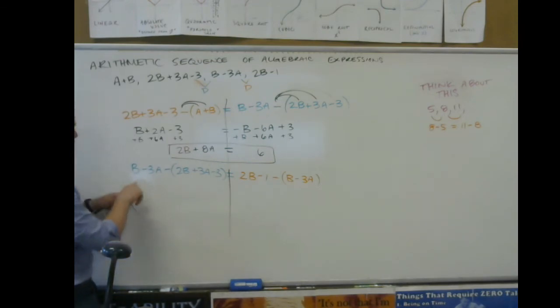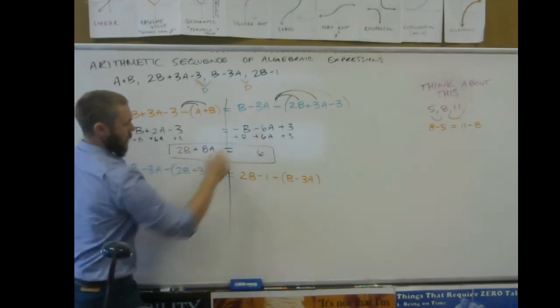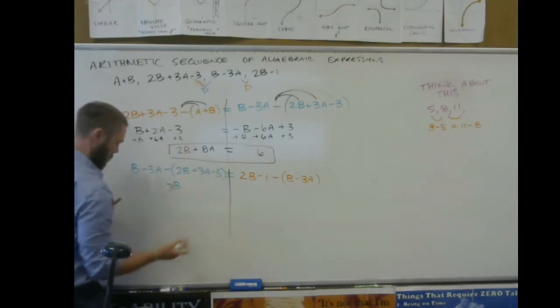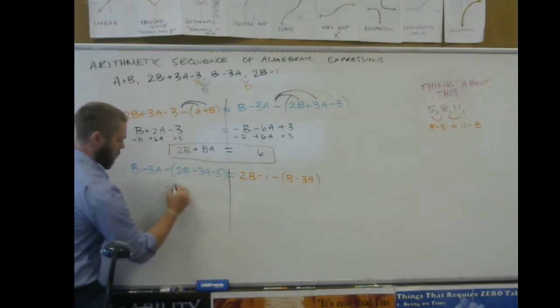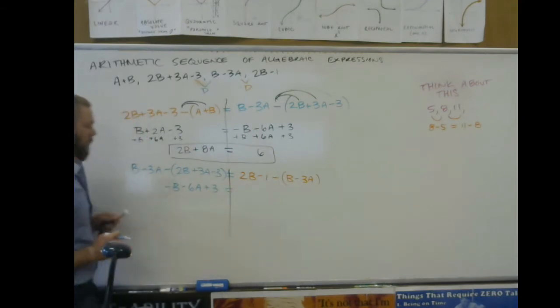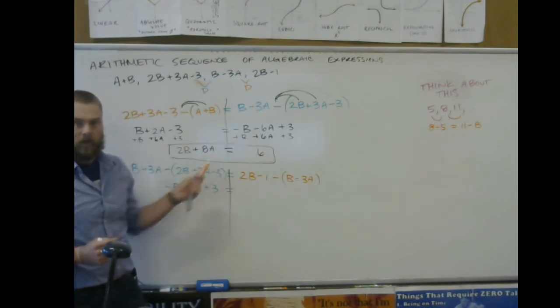And this one, we already distributed the minus sign. This turns into negative b. Okay, so we just did, that's just rewriting this section here.